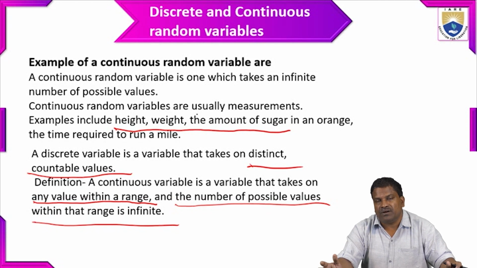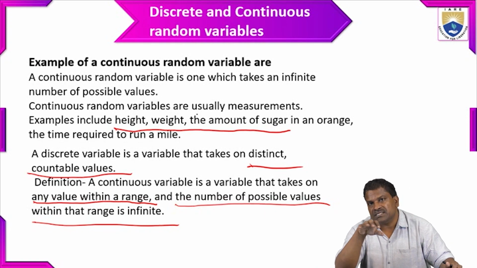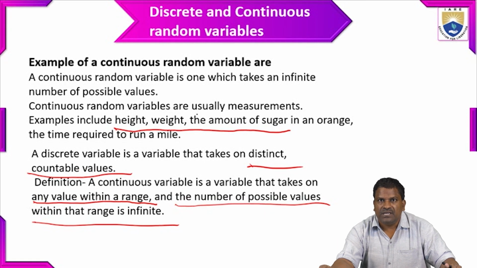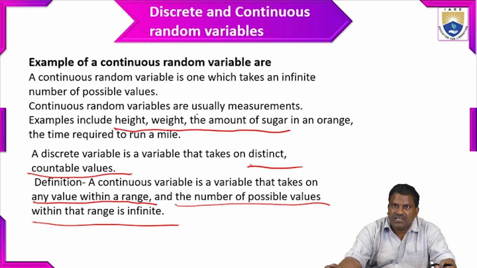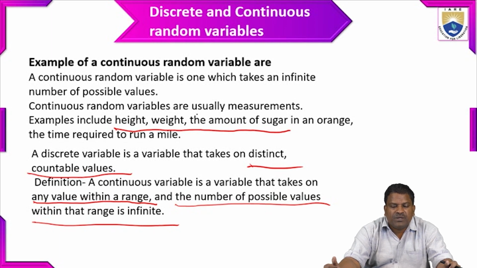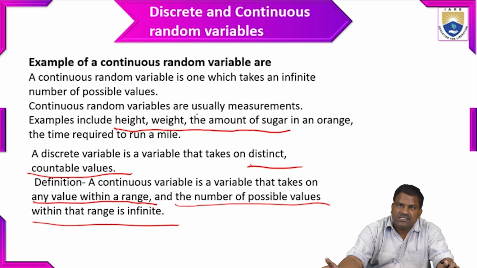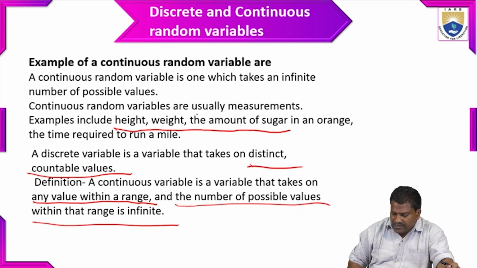A discrete random variable always gives a definite value in some distinct possible countable values, whereas a continuous variable takes on any value within a range, and the number of possible values within that range is infinite.